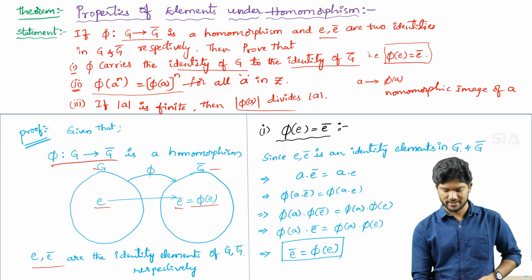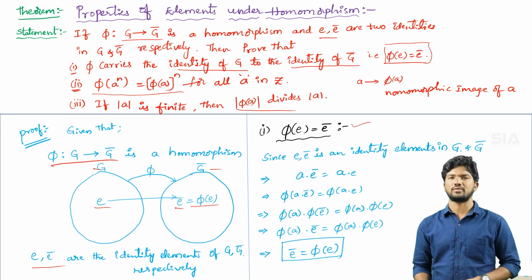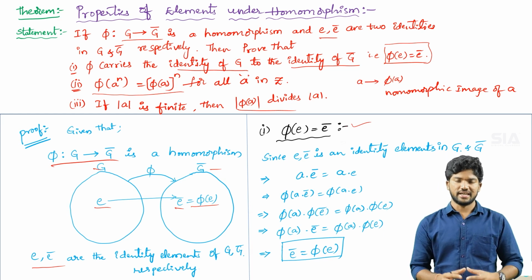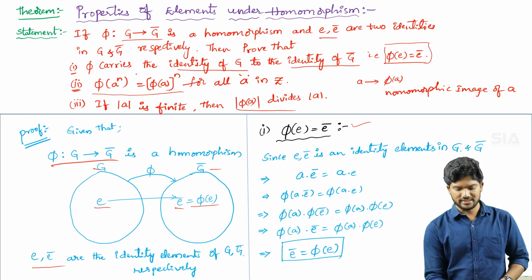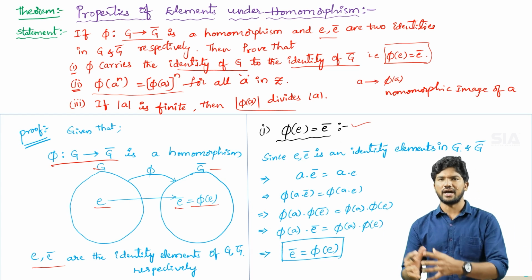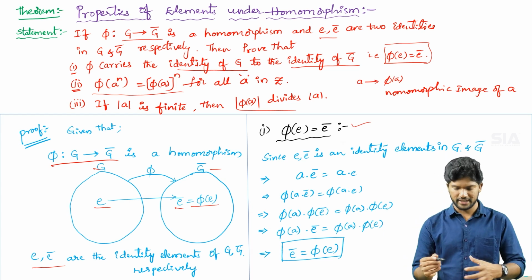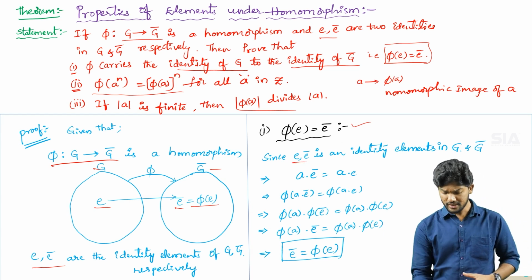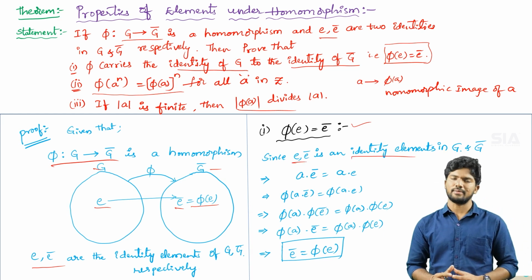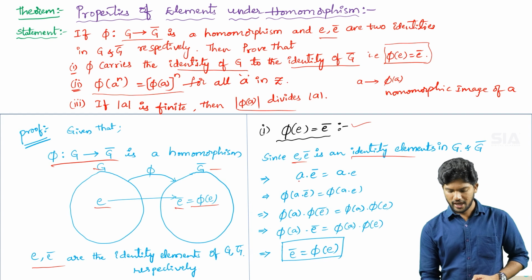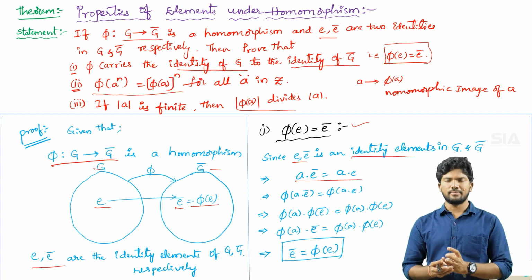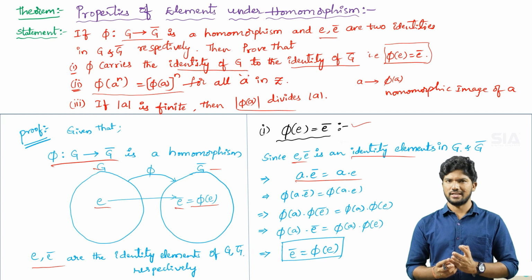Now we are taking the first condition: phi of e is equal to e bar. This statement you can also tell in words: phi carries the identity of capital G to the identity of G bar. Since e and e bar are identity elements in capital G and G bar, according to the condition, a into e bar is equal to a into small e.